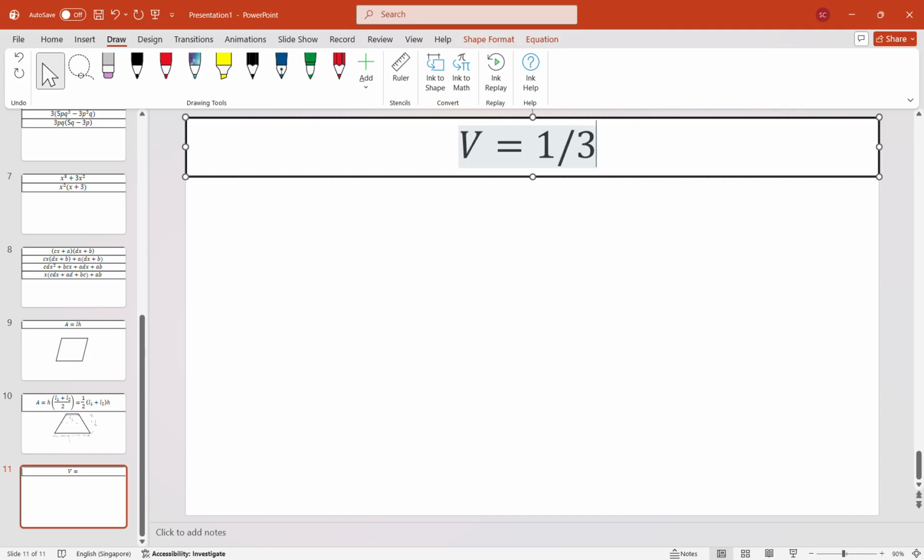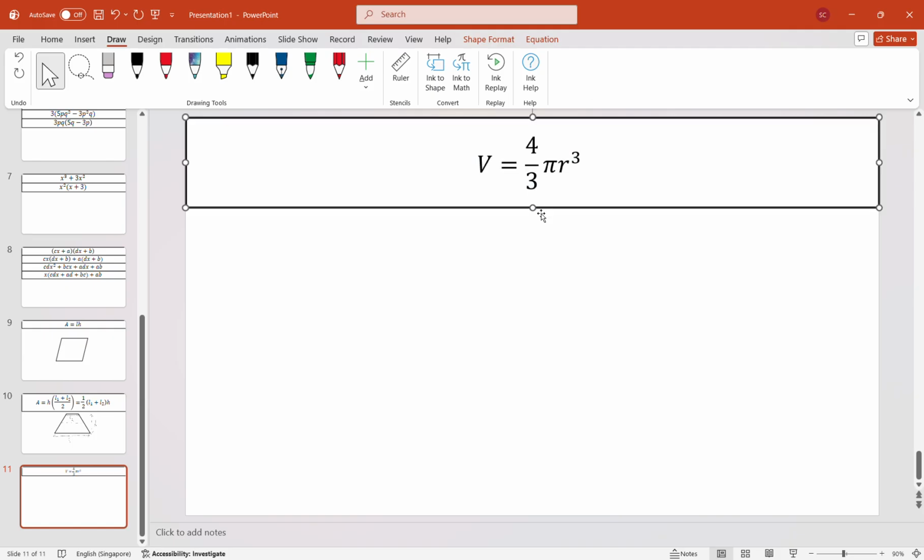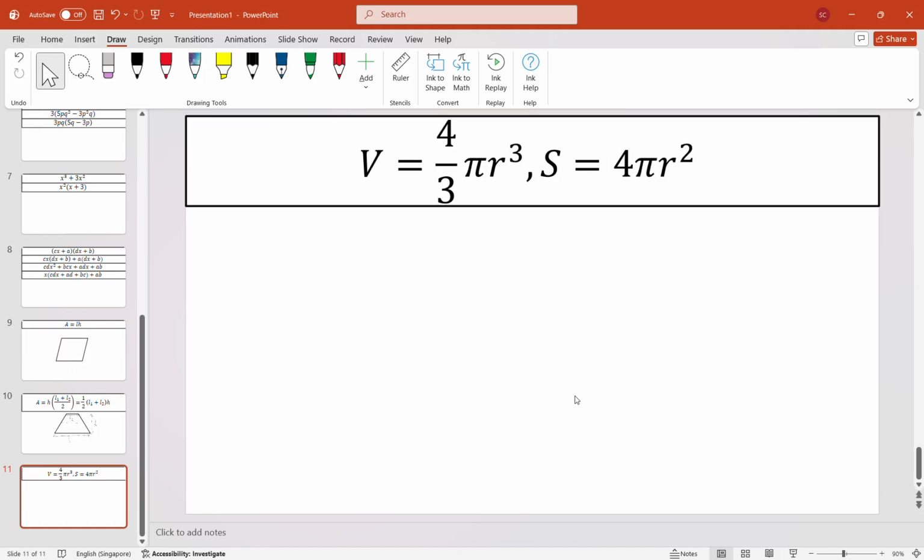So the volume of a cone is 1/3 pi r squared h, I think. And then I think the volume of a sphere is 4/3 pi r cubed, and the surface area equals 4 pi r squared.